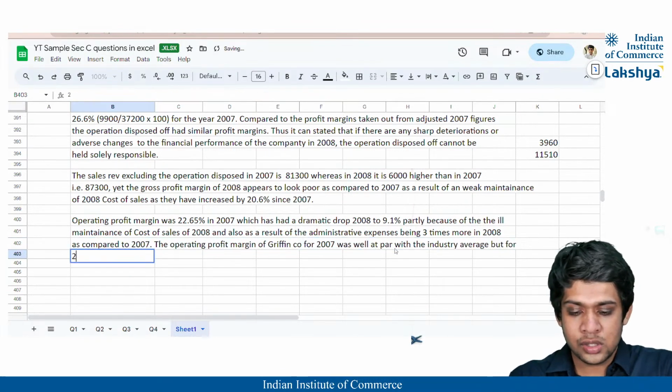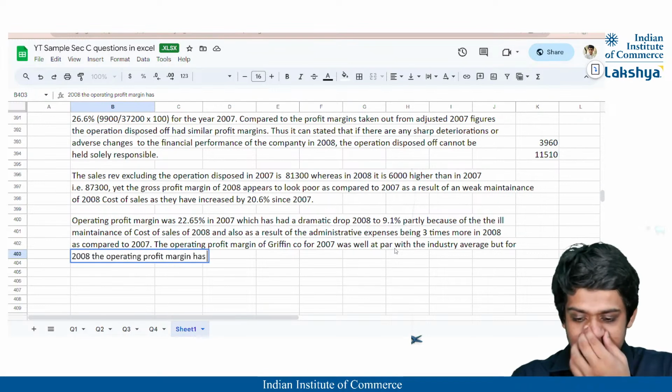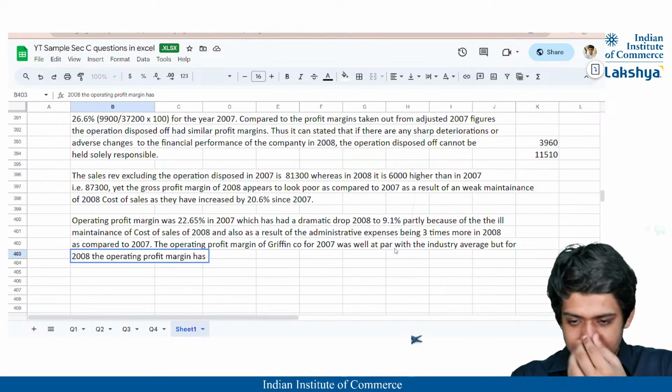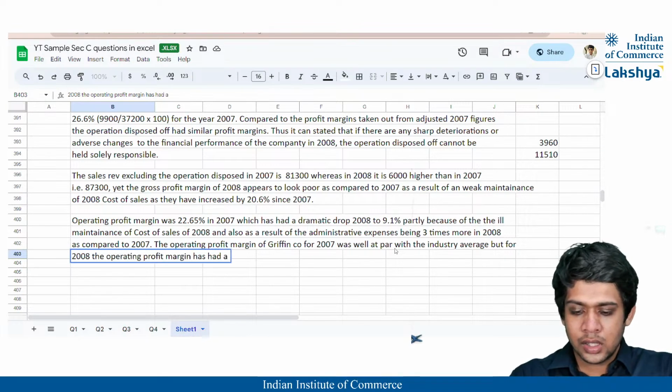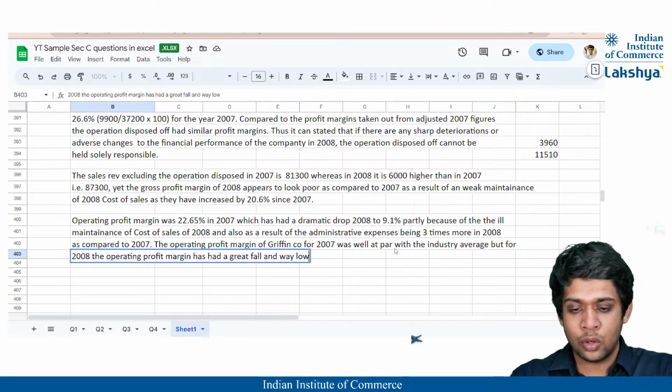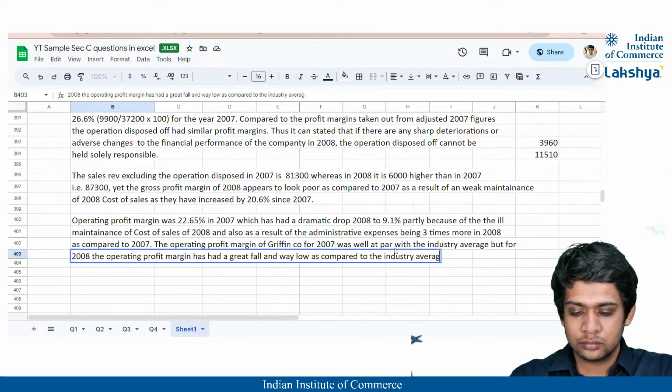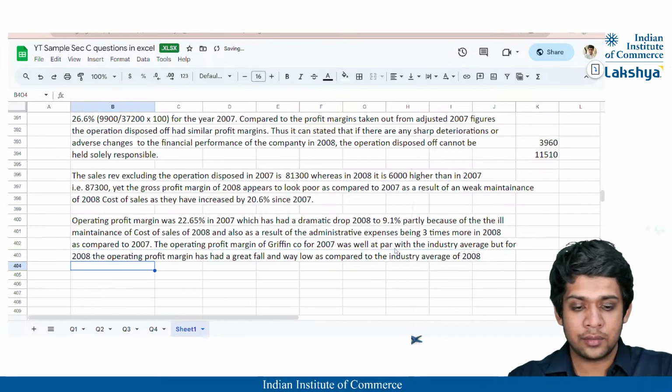but for 2008 the operating profit margin has had a great fall and is way low as compared to the industry average of 2008, right?